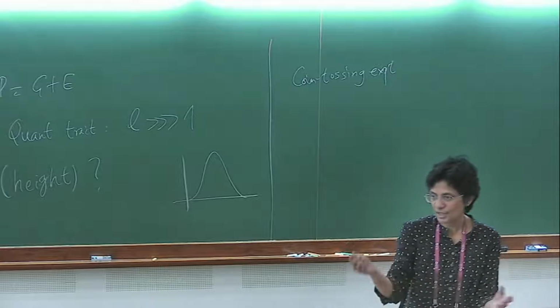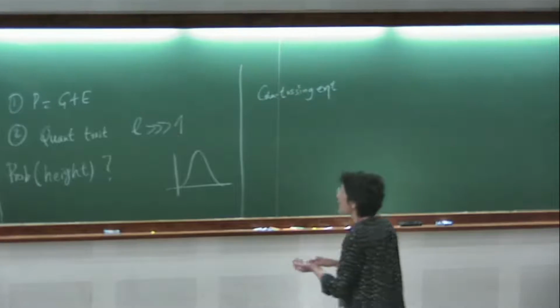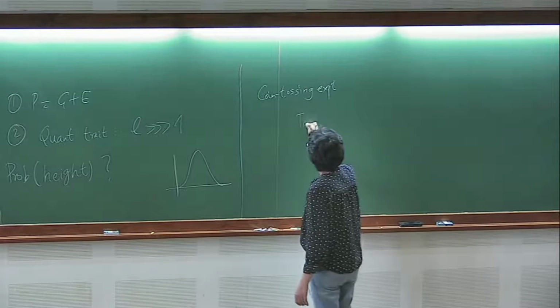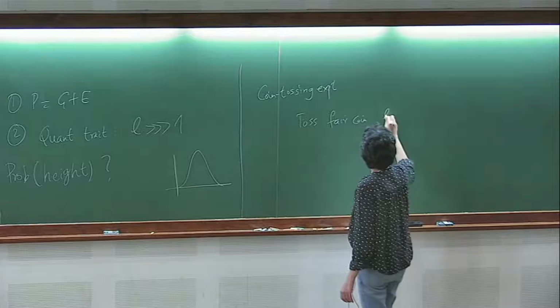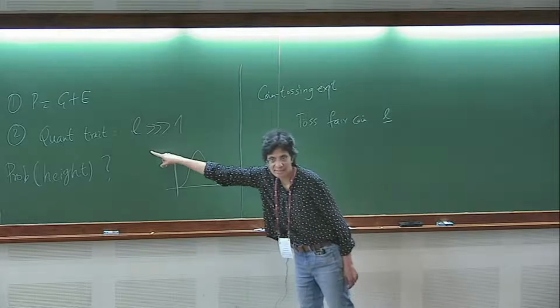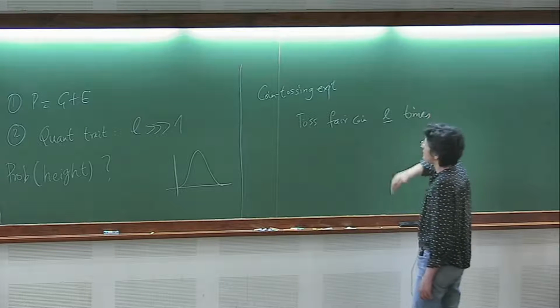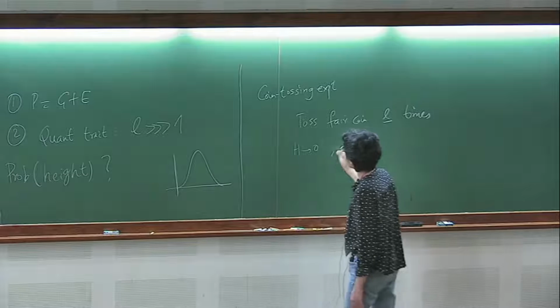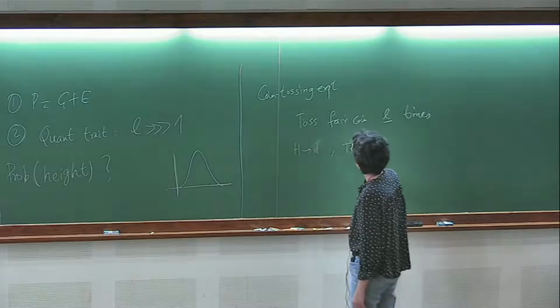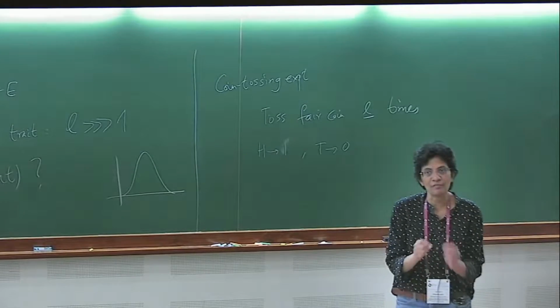Each of you had tossed a fair coin, let's say L times. This L is the same as that L. When you get a head, you put a value 1. If you get a tail, you put a value 0. And then you counted the number of heads.